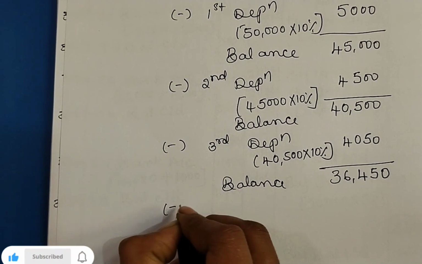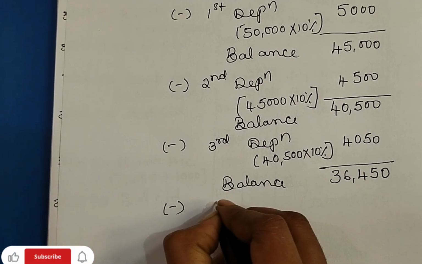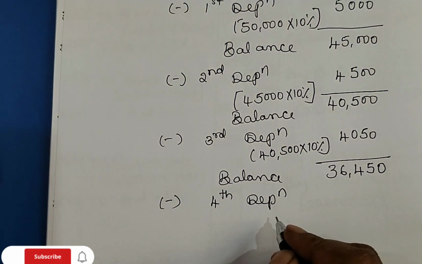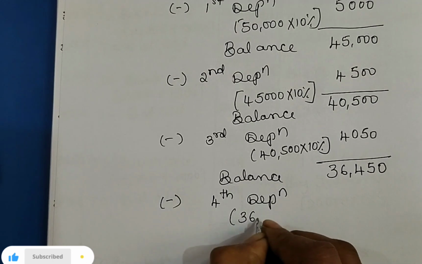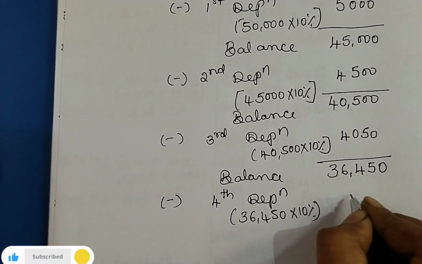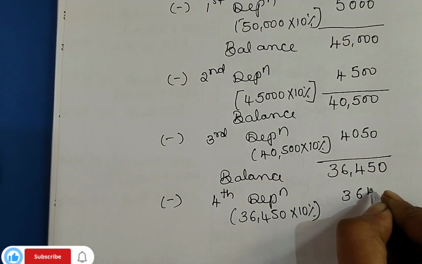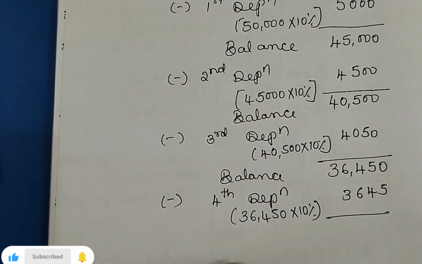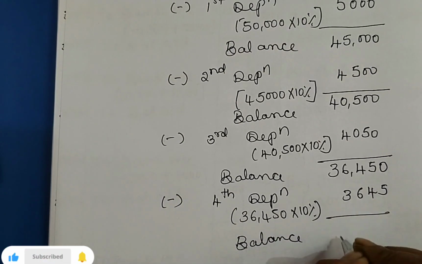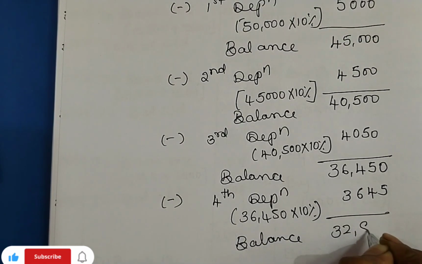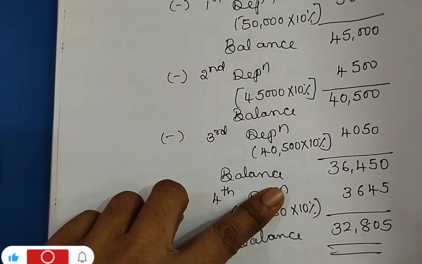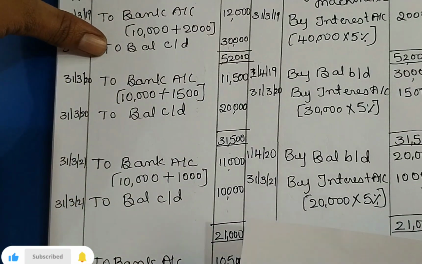Less fourth year depreciation is on 36,450 into 10% is 3,645. And the balance is 32,805.